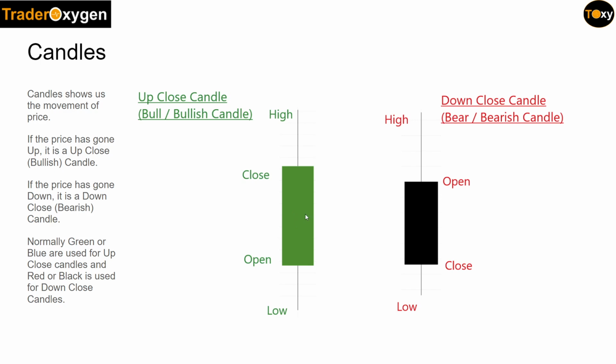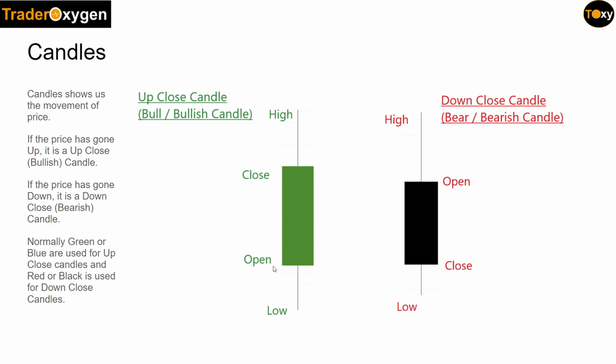It depends on what you select. When the price opens, sometimes before it goes up, it can go down a little bit and come back, and then the price can go up, or it can go further up first, and maybe it comes down and closes.